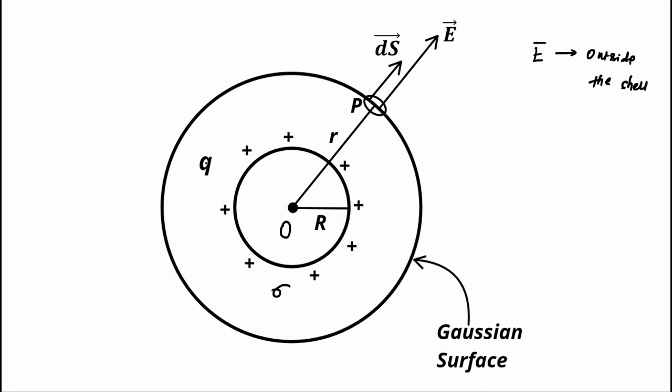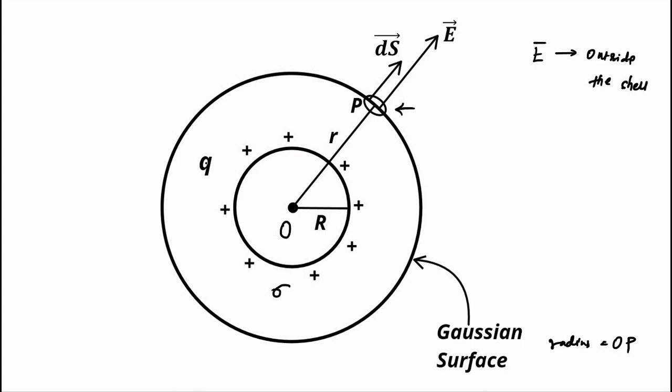So we have to determine the electric field at a fixed distance small r from the center, so we pick a point P, and taking OP as the radius, we draw a circle. In this case, a spherical Gaussian surface. This becomes the spherical Gaussian surface with radius equal to OP. We have to determine the electric field at the point P.